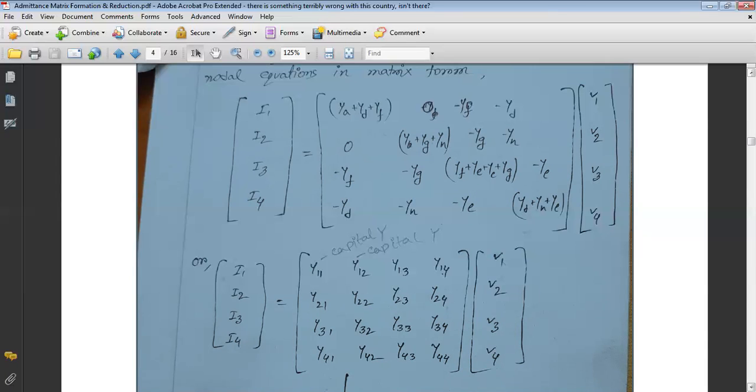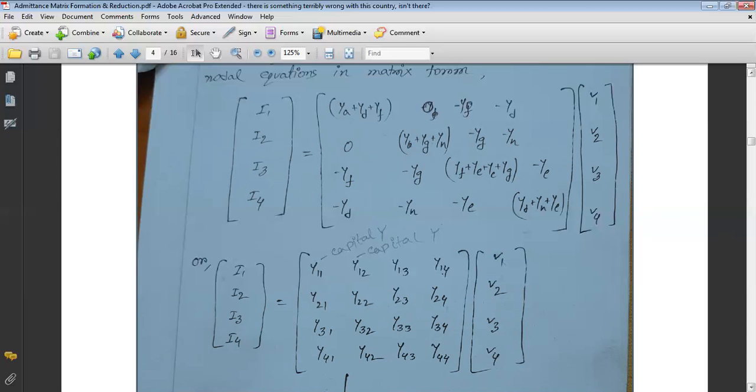But for the self-admittance matrix value, we don't need to multiply by minus 1, because if we go back to the Y11 equation, it is YA plus YD plus YF. So there is no minus 1 multiplying this value. So whenever we consider the self-admittance, we don't need to multiply the network admittance value by minus 1.